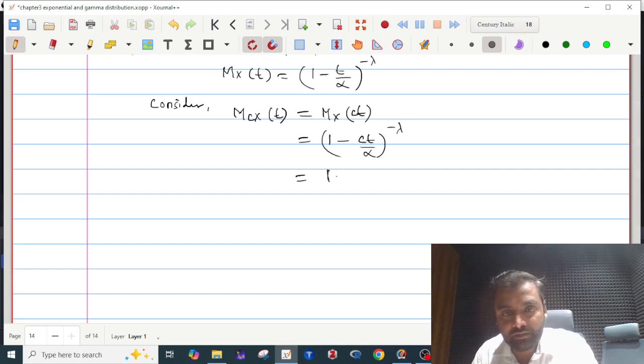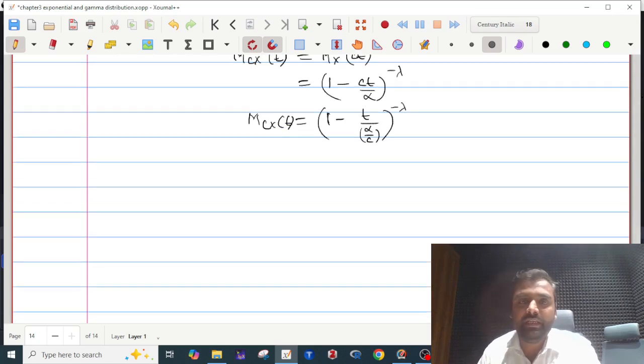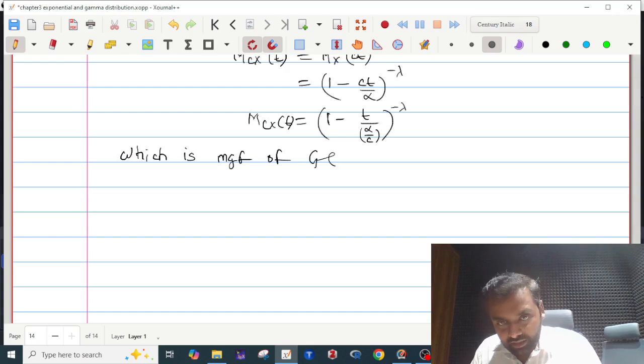This is the MGF of gamma distribution with parameter alpha, lambda upon c.